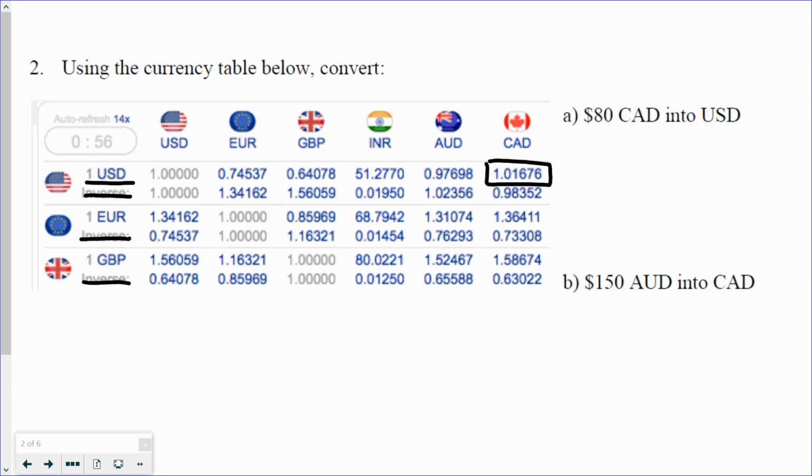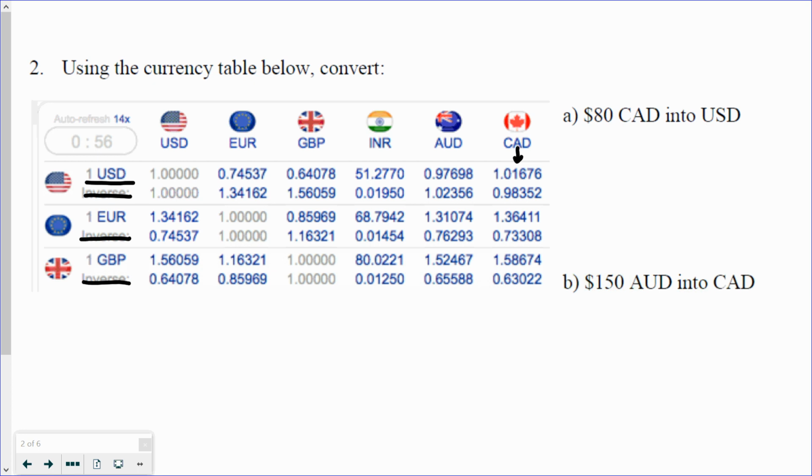So that's how we actually read the table. What this inverse part is that I crossed out for now is talking about 1 Canadian dollar would be equal to 0.98 of a US dollar. That's what that inverse part is equal to. It helps sometimes with conversions, but you can just use the top row typically. Sorry, we don't have a lot of room here.